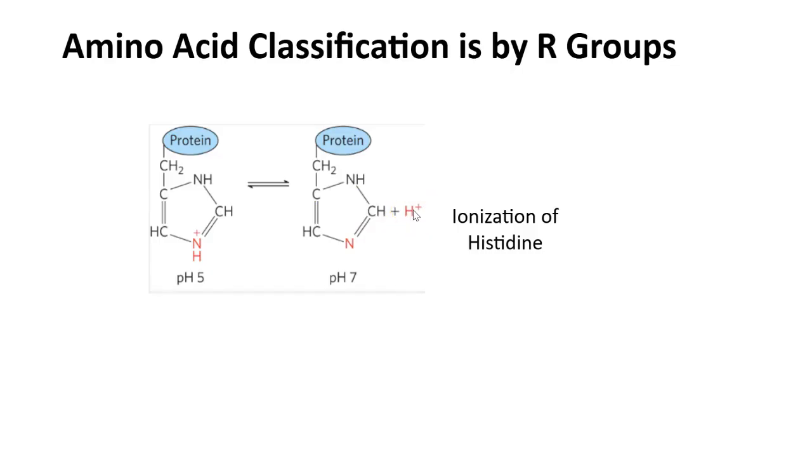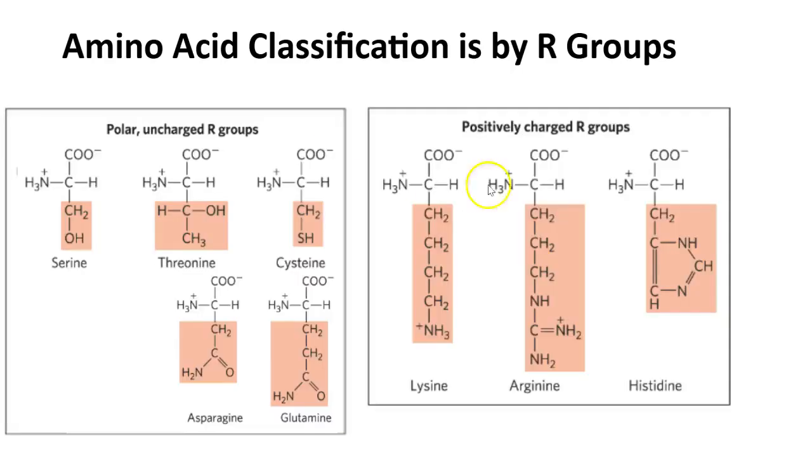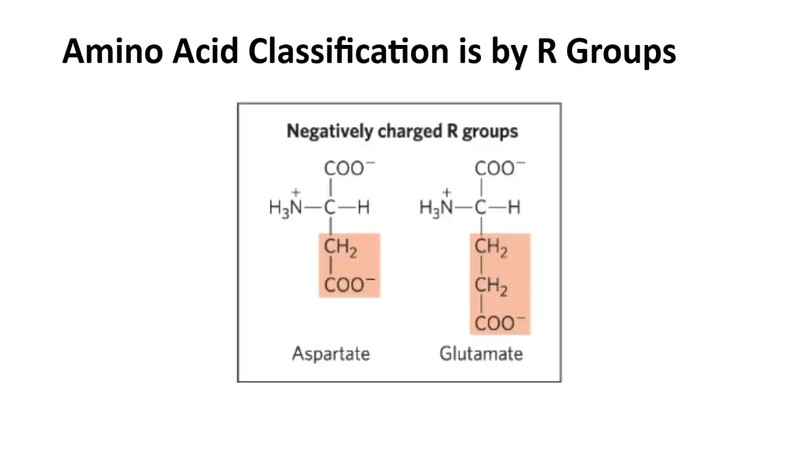When I had the slideshows on buffers, which was the second lecture, so you can go back to that lesson if you're trying to get a reminder, and just notate that when it got to this pH 5, now you see that it is in its protonated form. So that is why they put it in this positive charge R group for the amino acid classification.